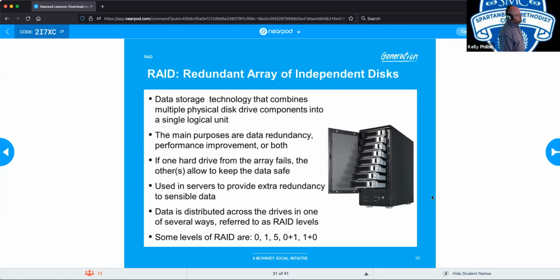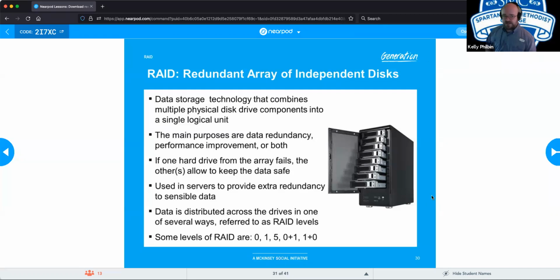Main purpose would be increased efficiency and or redundancy with regards to data storage. One of the big purposes of it is, if one drive fails, the others allow the data to remain safe. This is not always the case, but this is the overall general purpose. The data is distributed across multiple drives in various different ways, which we're about to go over, which is referred to as RAID levels.